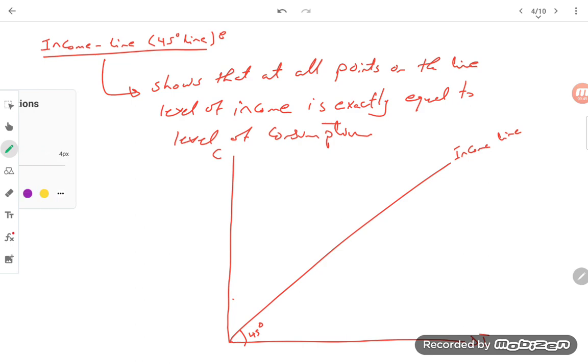Along this line, if your income is 100, your consumption will be 100. If your income is 1,000, your consumption level will be 1,000, and so on. So any point along this line shows that consumption is equivalent to income.